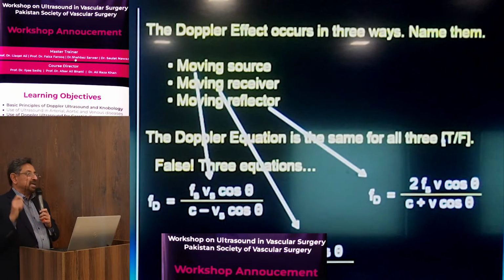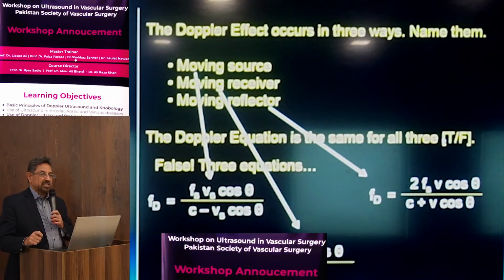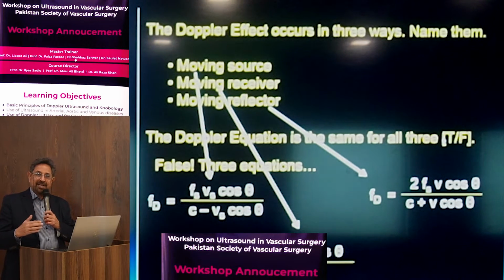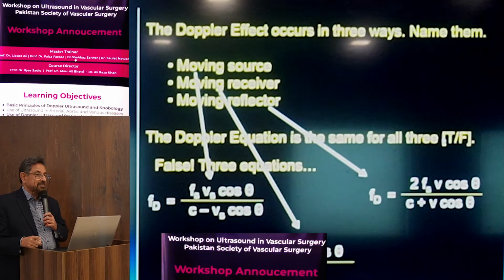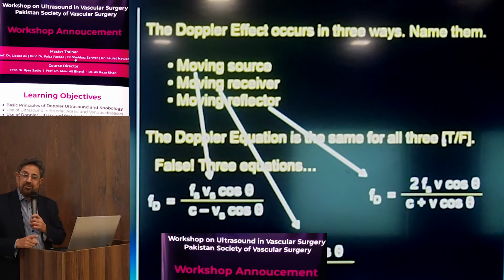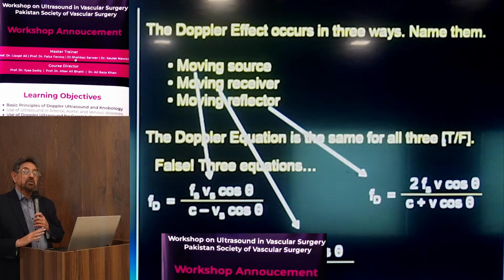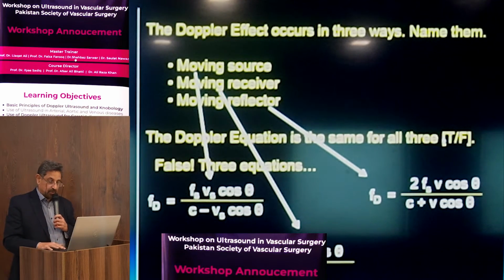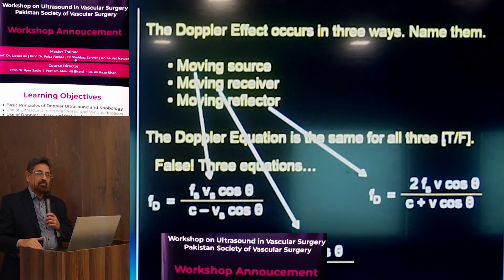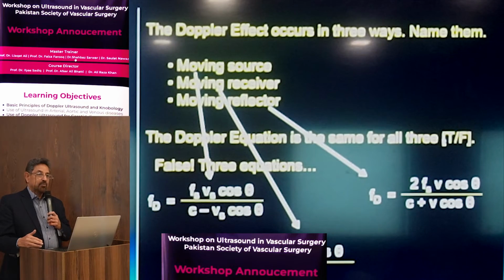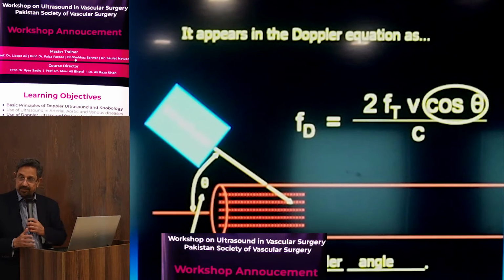The ultrasound picture is best seen if you scan at 90 degrees. You get the best picture if you place your probe at 90 degrees. But for Doppler, you need less than 90. If anybody is trying to do it at 90 degrees, there is no Doppler information. Erroneous information leads to erroneous diagnosis, as Dr. Yasar was telling you, that somebody said DVT and vascular insufficiency, because the person didn't know the physics.